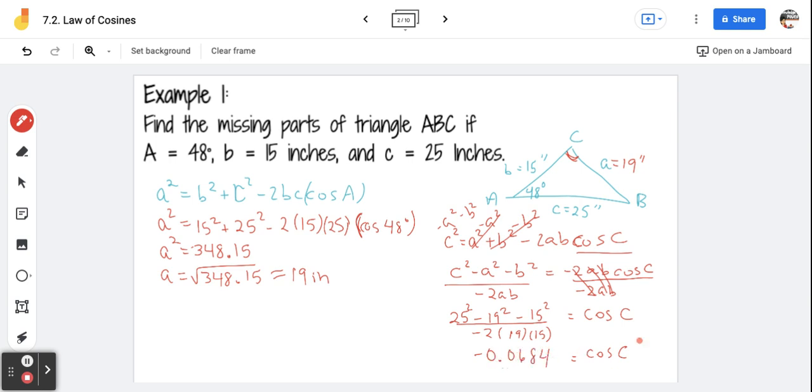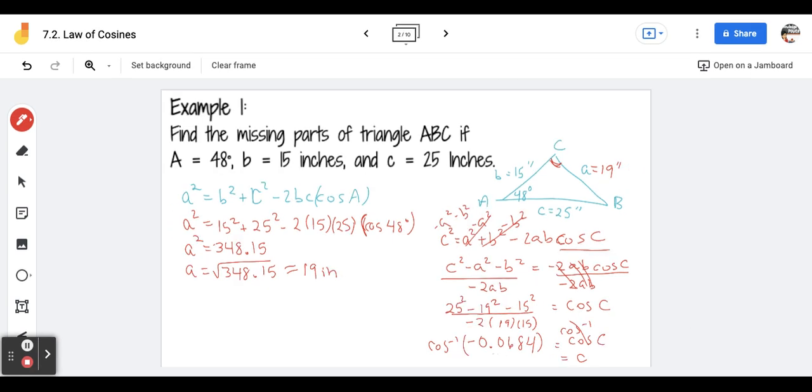Negative 0.0684. All right, so now we know, how do you find angle C? Well, we have to take the inverse cosine to find the angle. So let me go back to Desmos, and I will take the inverse cosine of that value. Let's just inverse cosine this whole thing since it's already in there.